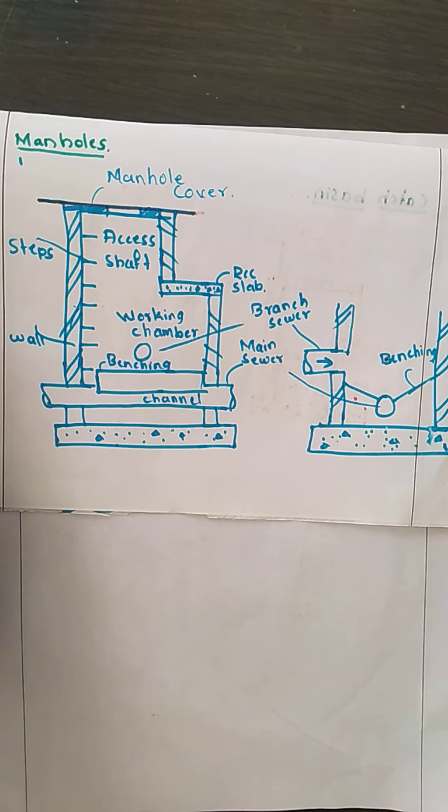Where these manholes will be situated is very important for us. Locations of manholes: manholes are provided wherever there is a bend, wherever there is a junction where two to three pipes or several pipelines meet, and wherever there is a change in gradient or change in diameter of the pipe.